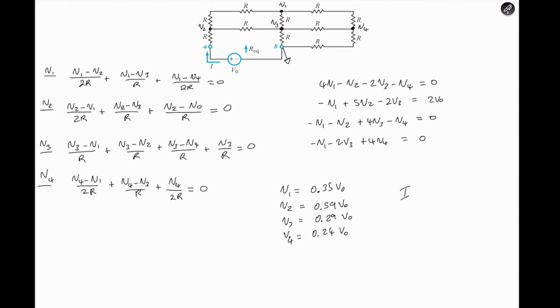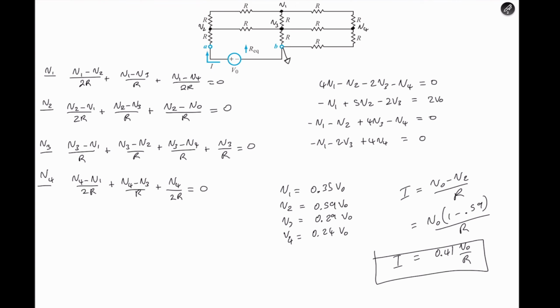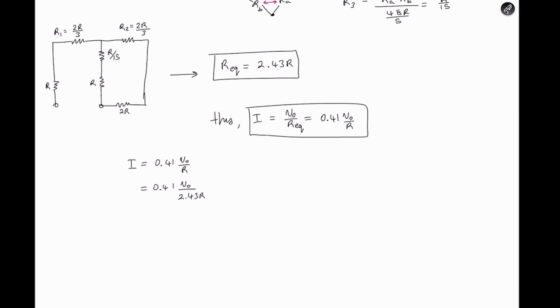So I is going to equal V0 with reference to V2 all over R. If we factor out V0, 1 minus V2, which is 0.59, that is going to be divided by R. And we see that I is equal to 0.41 V0 over R. By node voltage, simplification leads to the same expression we obtained for the current I by using the equivalent resistance method.